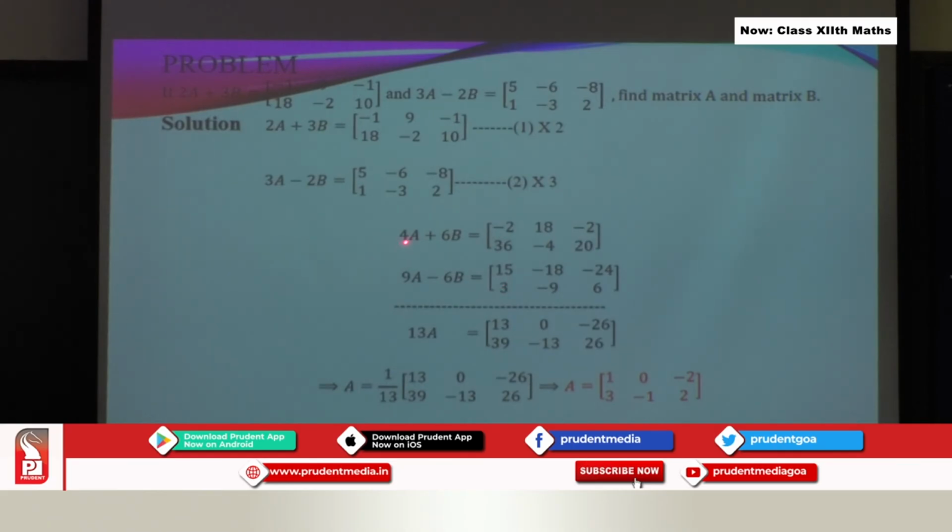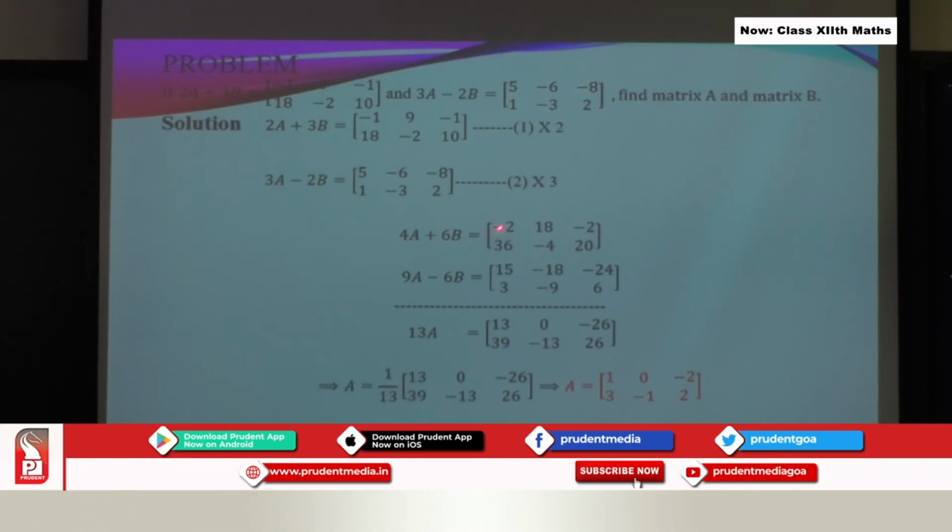What happens now? Here see, plus 6B will get cancelled with the minus 6B, and I am getting here 4A plus 9A, that is 13A. Now look at this, this matrix plus this matrix. How you do matrix addition, same way you need to add these two matrices.